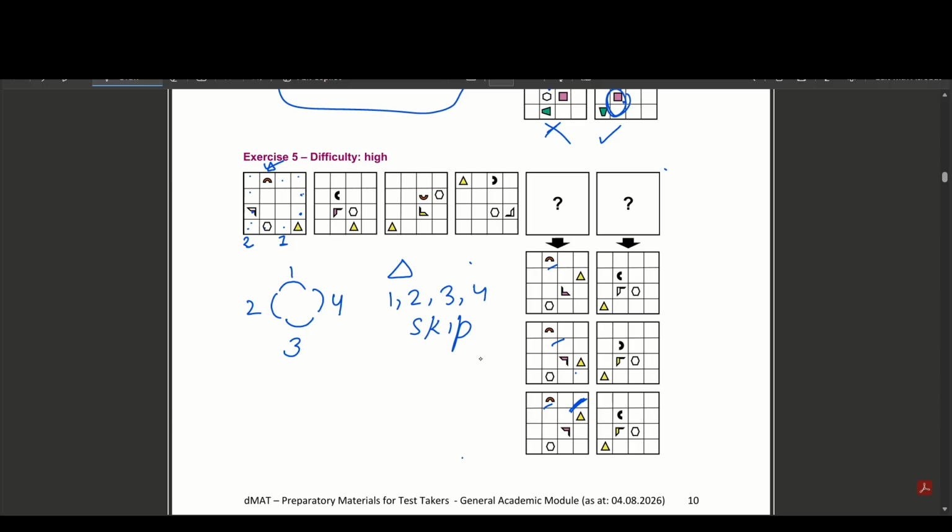Now we are going to solve this diagonal shape. Diagonal is moving like this, then it will come back here, then it will come back here, then again it will come back here, then again it will move like this. So it is moving like this, then it comes back here.